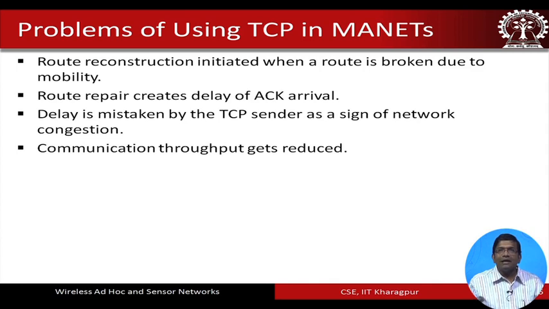That delay in the receipt of the acknowledgement at the sender is mistaken by the sender as a sign of network congestion, and consequently congestion control mechanisms like binary exponential backoff are invoked, and because of that the overall communication throughput gets reduced drastically.